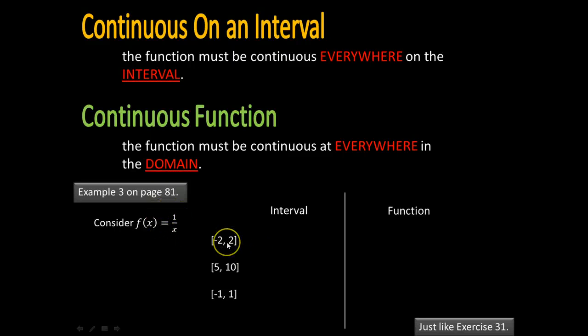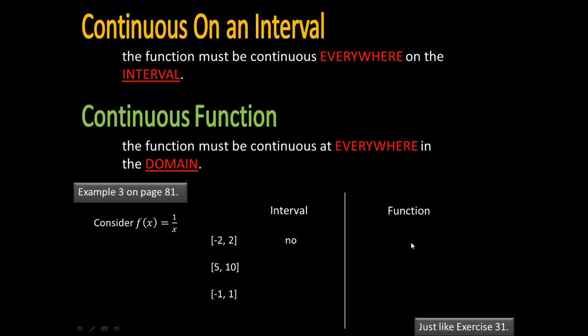Well, that answer is going to be no, because this function is not continuous at x equals 0. When x equals 0, we have division by 0, and we know that means we're going to have an infinite discontinuity there. We know this function goes off to infinity or negative infinity as we approach 0. So the function 1 over x is not continuous in this interval because it's not continuous at 0.